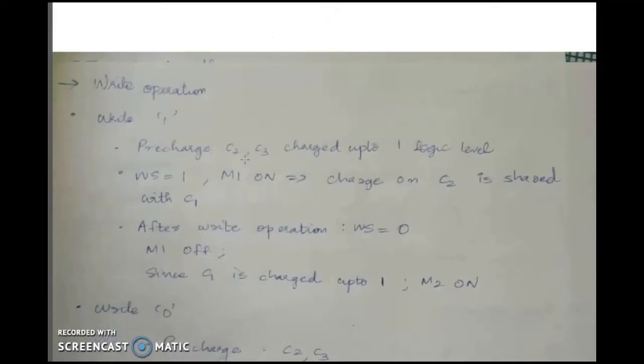Let's see the write operation. First, let's look at writing 1 onto the memory cell. For that, C2 and C3, the column capacitances, are pre-charged up to logic 1 level. For the write operation, word select has to be turned on and kept at 1, and as a result the M1 transistor is on.